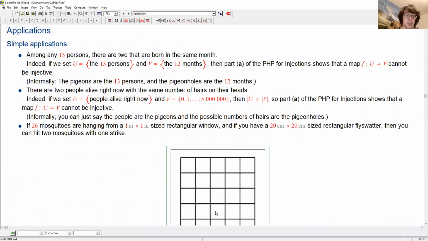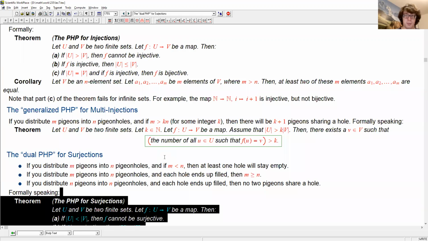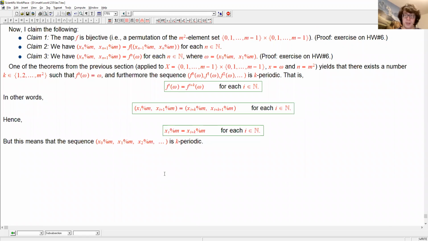I would say the surjections one is indeed used not less often than the injections one, but it's still an important fact. So let me come back to endofunctions.